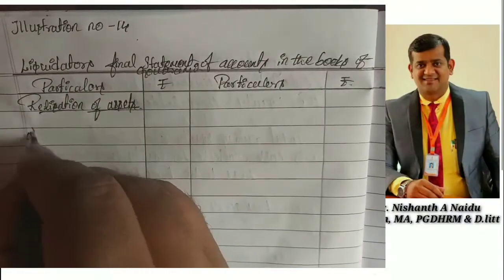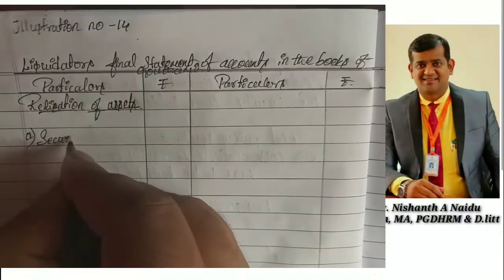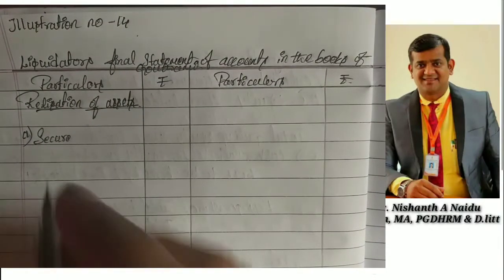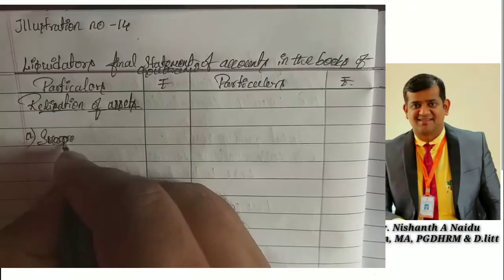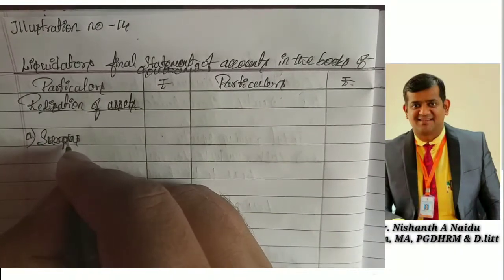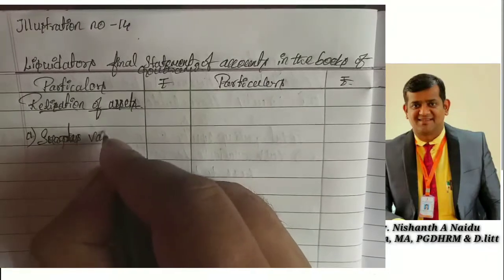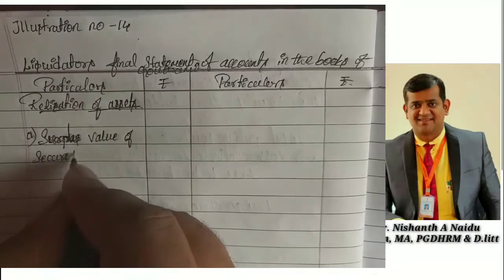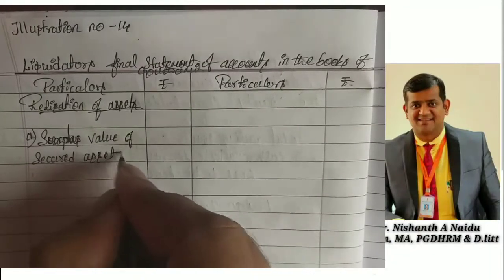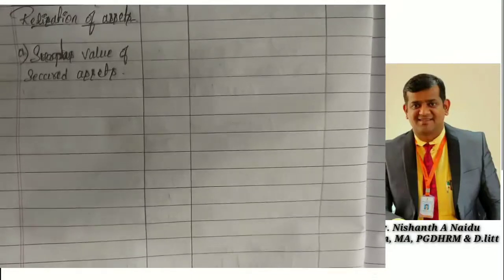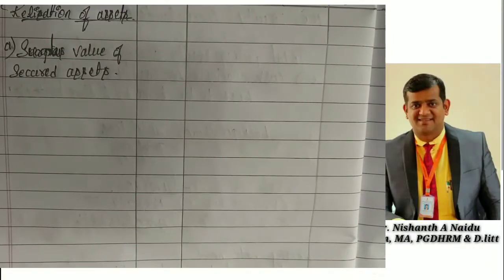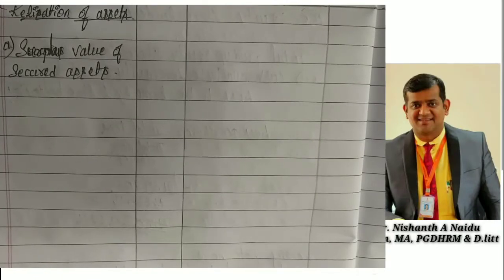Under that, first we are going to write secured assets. Surplus value of secured assets. In the problem, has he given any secured assets? Just check out the problem. Yes, it is there.